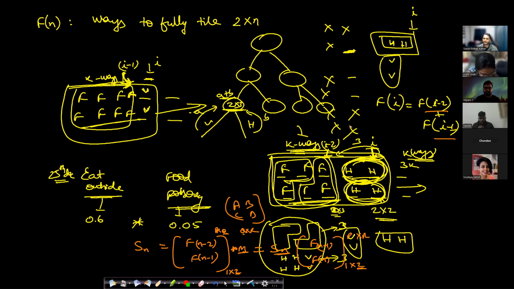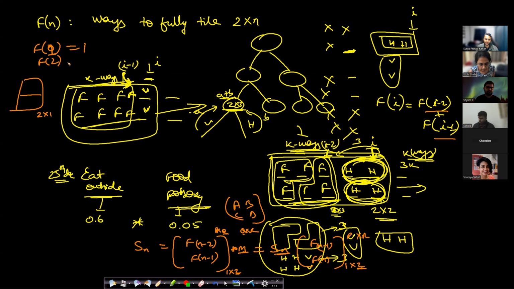Now you have to find the base cases. For the first column, in how many ways can you fill? Exactly one way. F of 0 is going to be 1, because with this configuration the two rows will always be 2, so I'm not counting them in any variable. Only the columns are going to change. I will count this as f of 1, since I have one column, so there is one way.